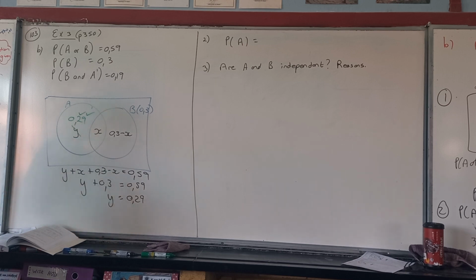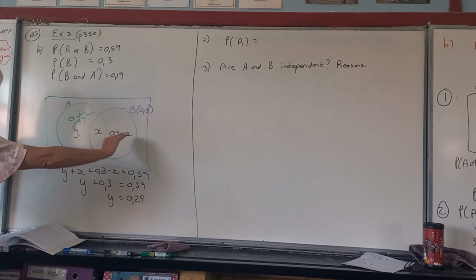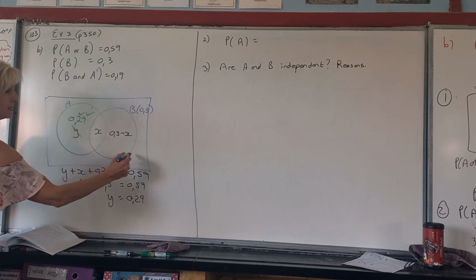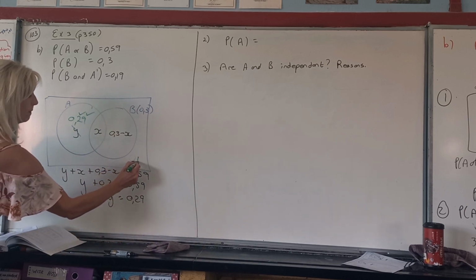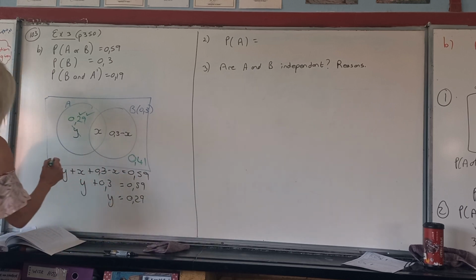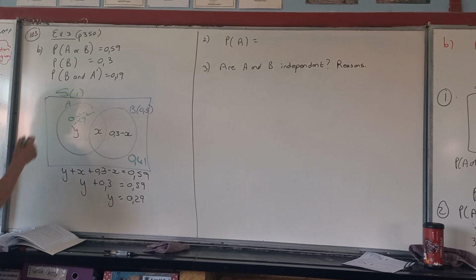Shouldn't there be something outside as well? And how do I know that? Because all of them added together gives you 0,59. That means this must be 0,41 to make up my sample space of 1 for all the probabilities added together.